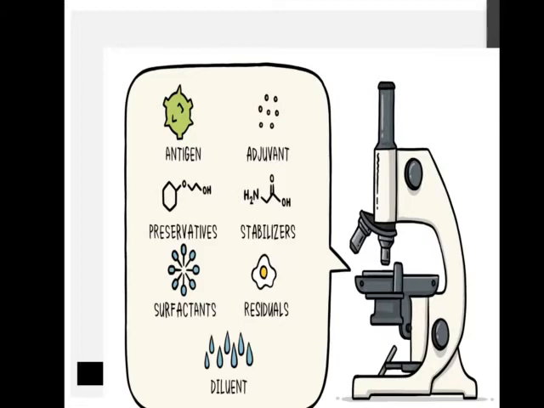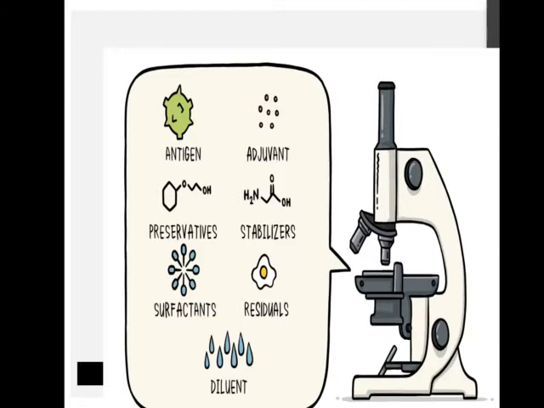Next is our stabilizers. Stabilizers prevent the occurring of chemical reaction between the ingredients of a vaccine. See, vaccine is made up of several ingredients. Now, to avoid the chemical reaction between them, the stabilizers are used to keep them stable without any reaction.